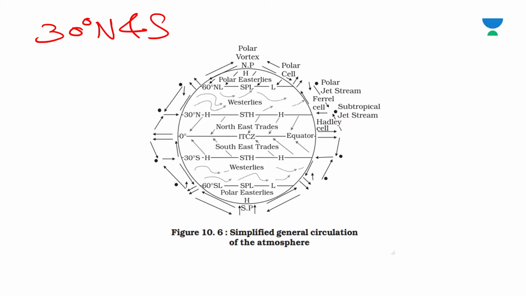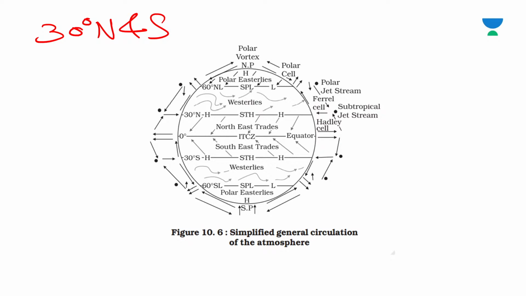So therefore, down below near the land surface, the air flows towards the equator as the easterlies, and the easterlies from either side of the equator converge in ITCZ.